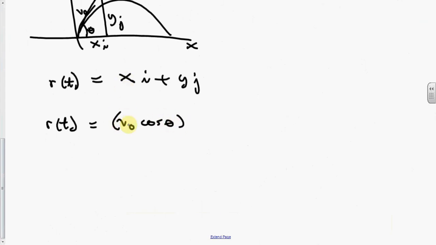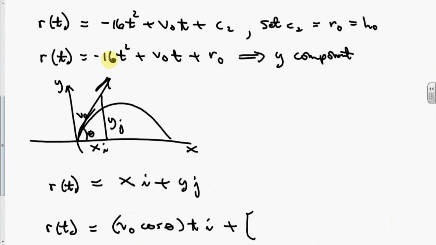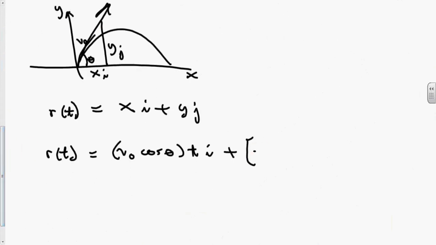And to get x, I've got to multiply that velocity by time. Plus, I'm going to write this negative 16t squared plus that initial velocity.